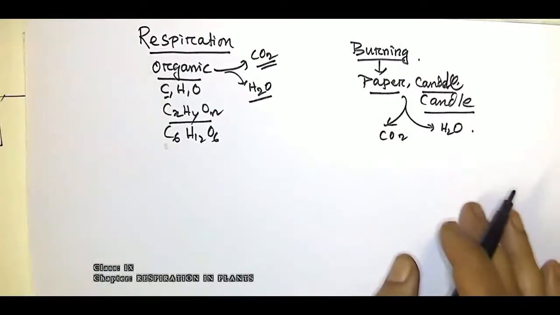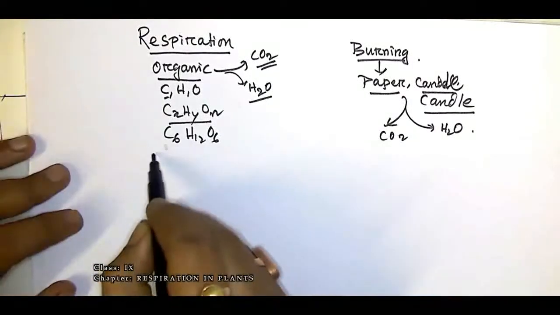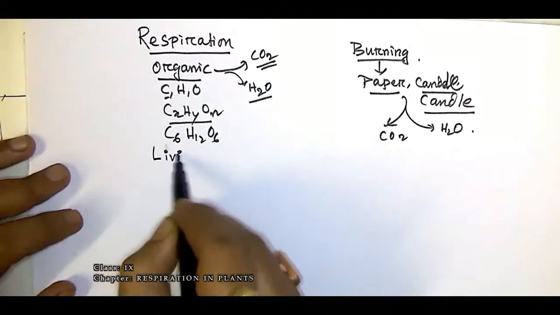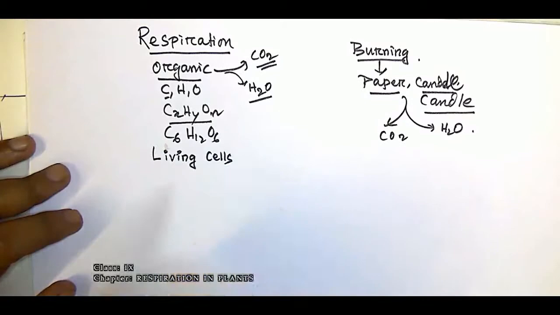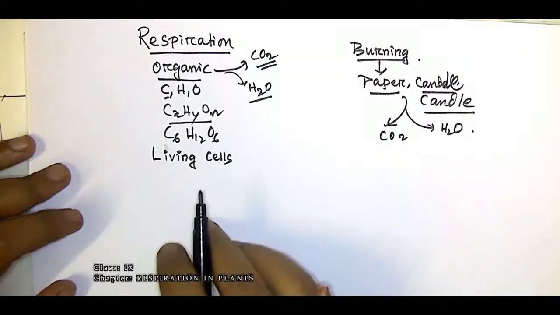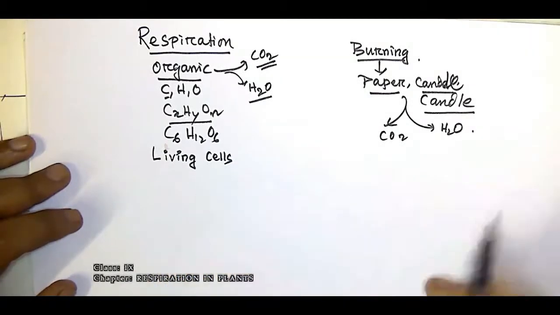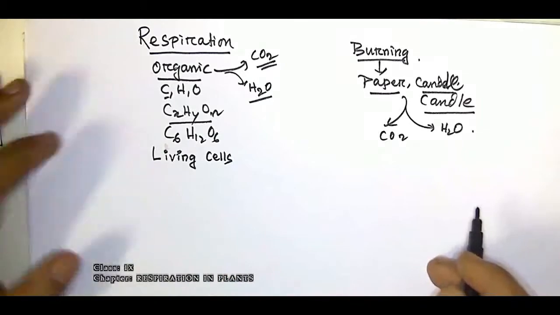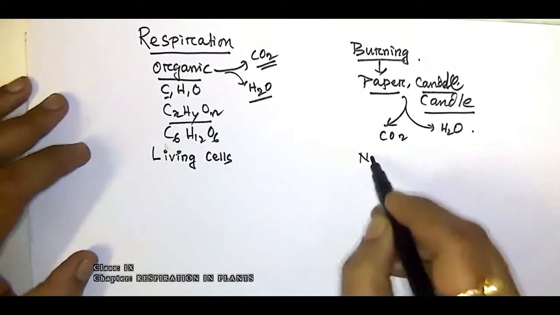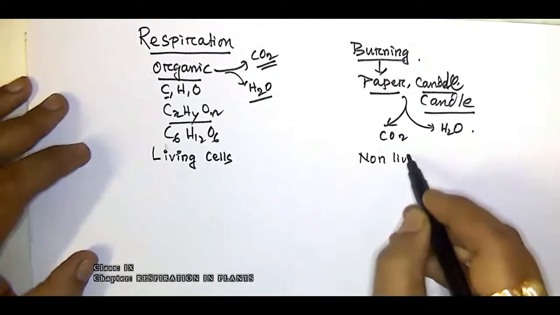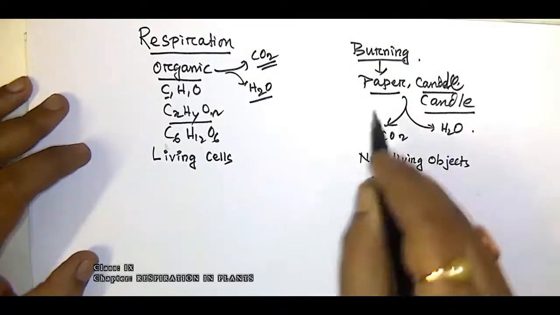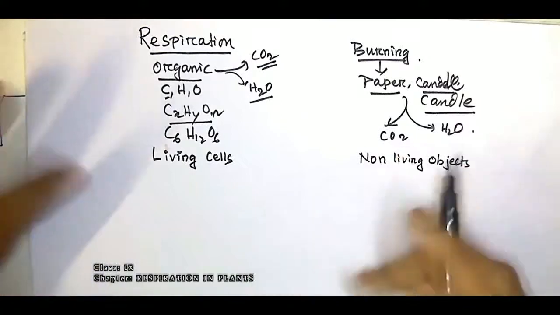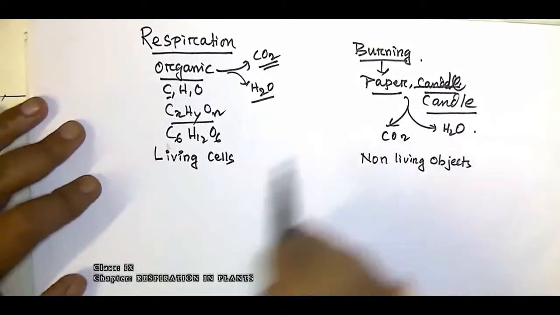First, please remember respiration can only occur in living cells. It can never occur in dead cells, right? Burning occurs in non-living objects, isn't it? Paper, candle, they are basically non-living objects.